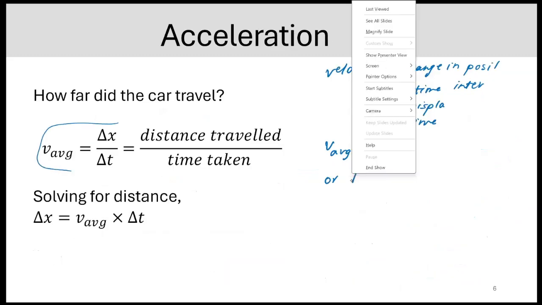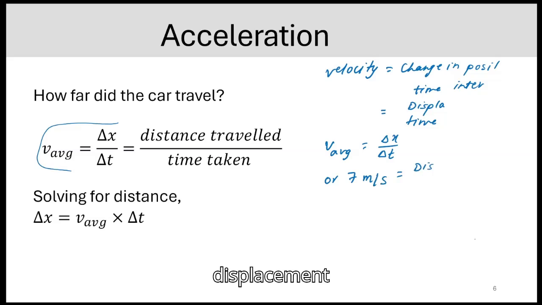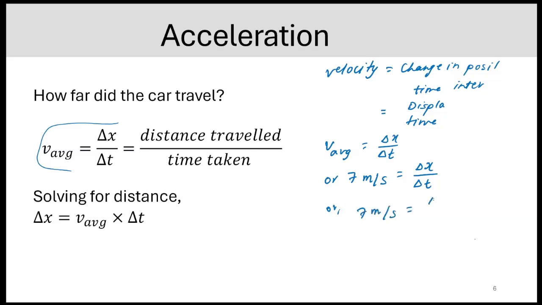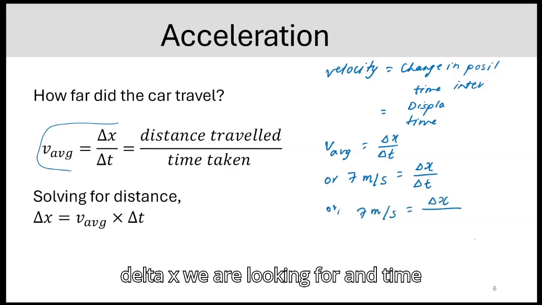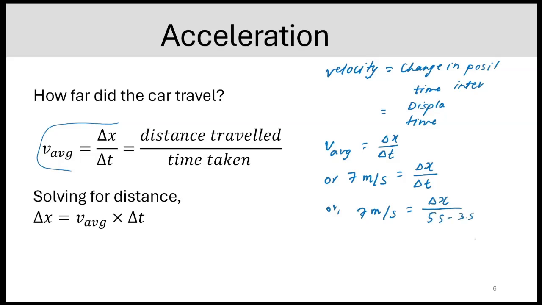So 7 meter per second is equals to displacement over time, and we know 7 meter per second is equals to delta x we are looking for, and time interval was 5 second minus 3 second.